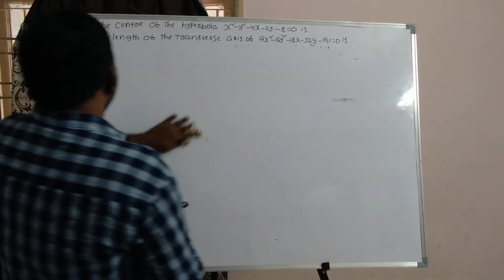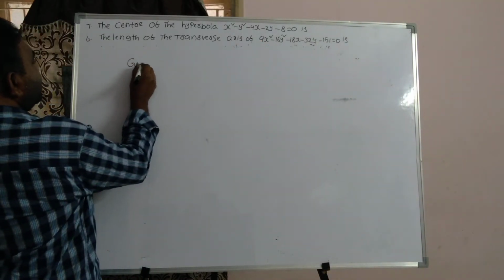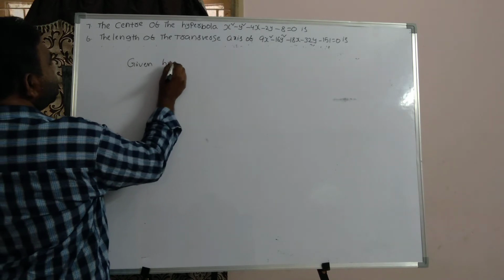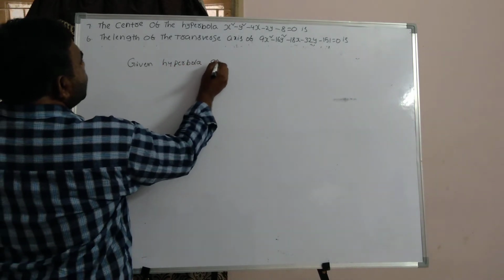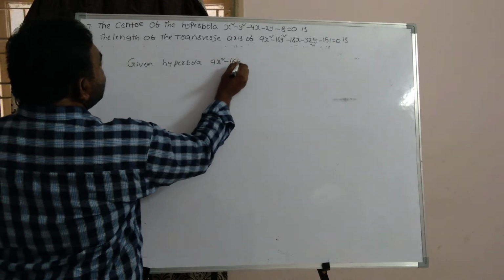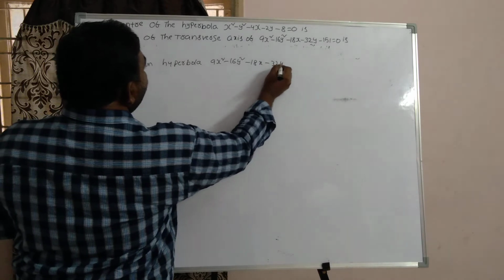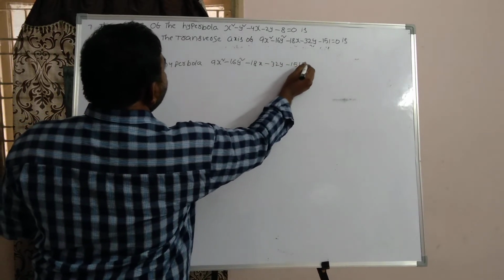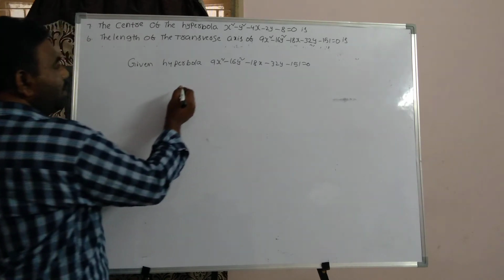Now sixth one. It gives us one hyperbola. So that is given hyperbola 9x square minus 16y square minus 18x minus 32y minus 151 is equal to 0. First of all, we write in the form of hyperbola form.